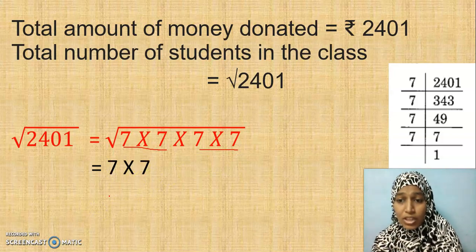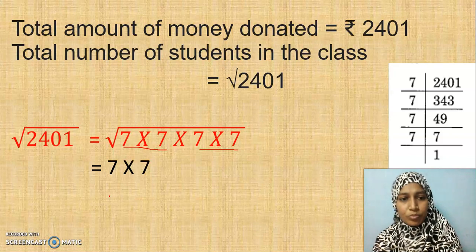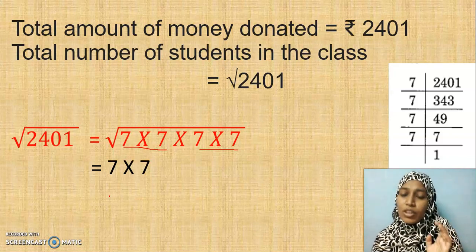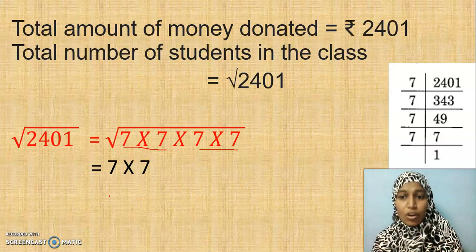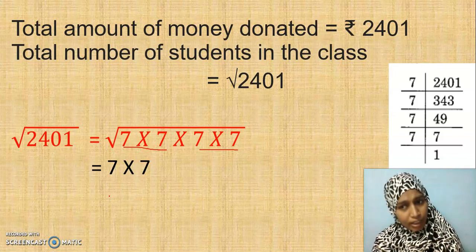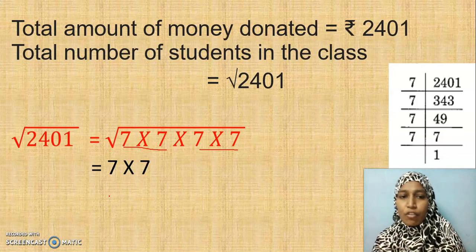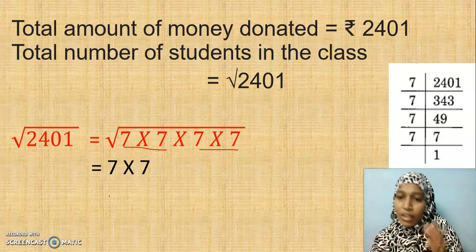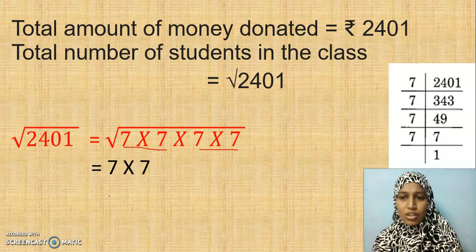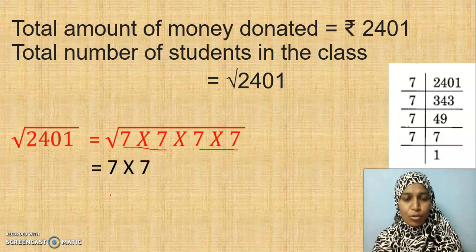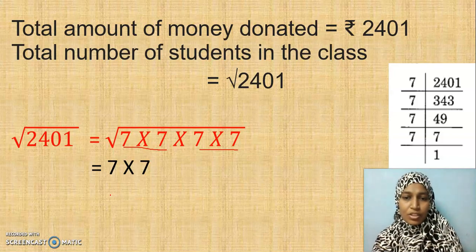So how many students are there in that class? 49 students. What is the amount contributed by each student? Again, it is 49 rupees. Is it clear, my dear children, how they have contributed? Why did we find the square root in this situation? So we come across the square root in our day-to-day life problems also. Now you should be capable of analyzing the situation.